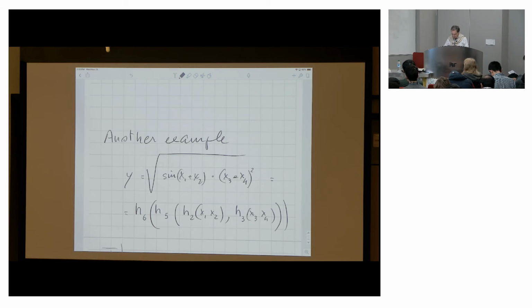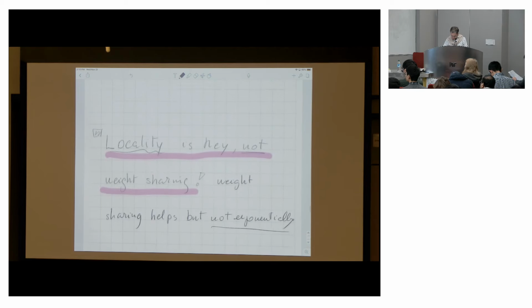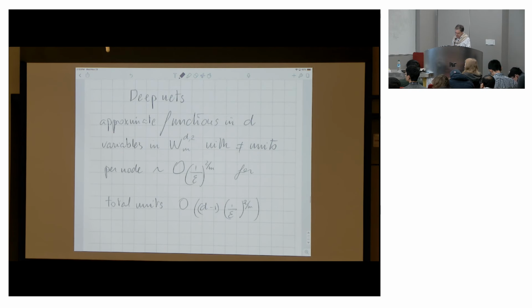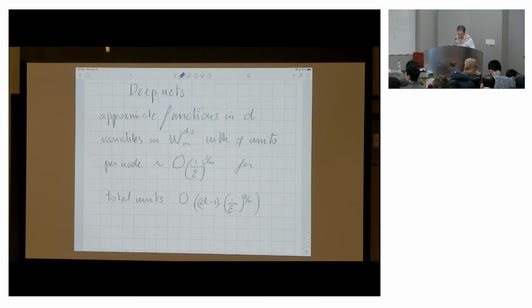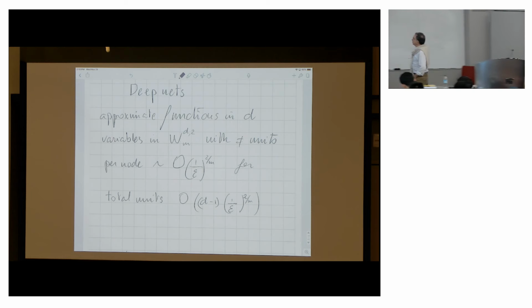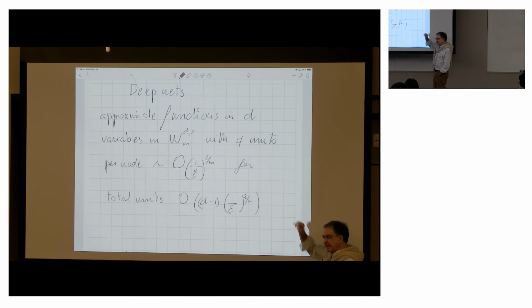So the proof of this result is actually quite simple. The theorem is that a deep network, suppose for simplicity, let's assume it has the same graph as the compositional function we're trying to approximate.